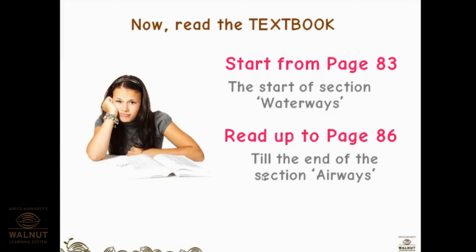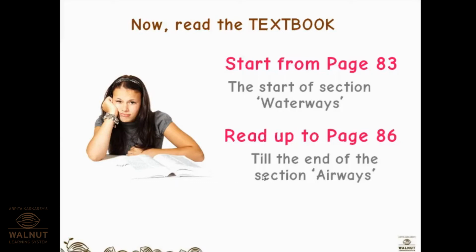Now your diary entry says that you need to read from page number 83, that is the section of Airways, the beginning of the section Airways till the end of the section Airways on page number 86. Fine. So this was about your diary entries.